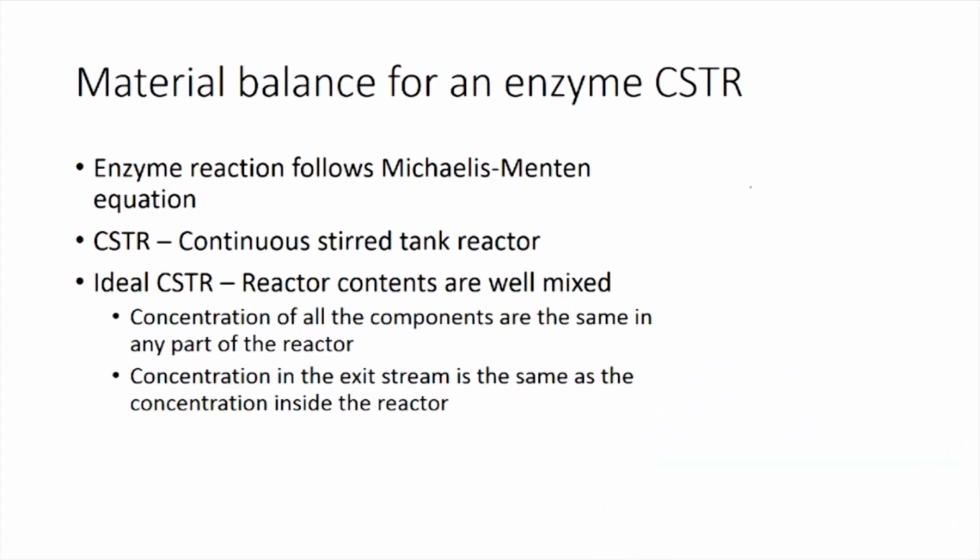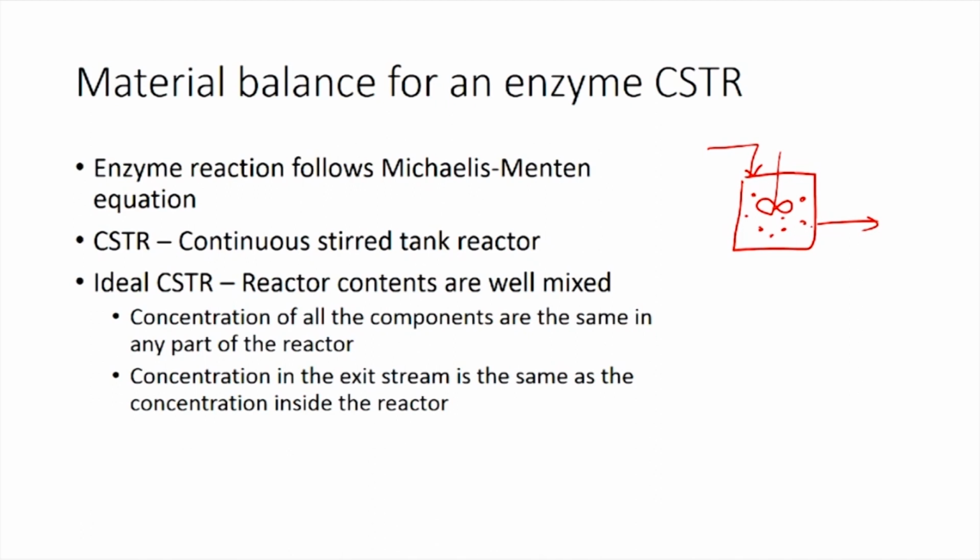So, let me explain to you with the diagram. As you see here, this would be a simple representation for a CSTR. If I have an ideal CSTR, the concentration of a component would be the same in all these points which I have marked. That is because it is a well mixed reactor.